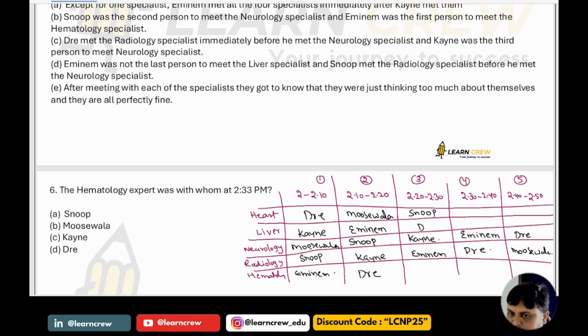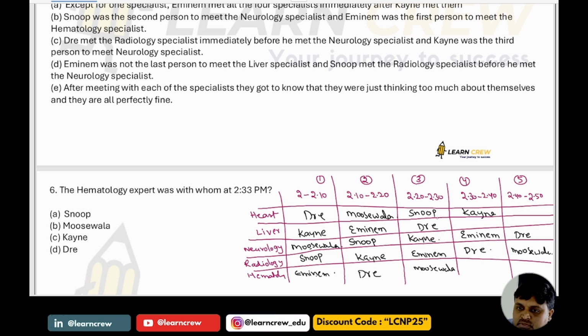So it has to be DRE and it is Moosewala. Now here DRE, Moosewala and Snoop are fixed. The remaining are Eminem and Kane. Eminem is already fixed here, so it has to be Kane.